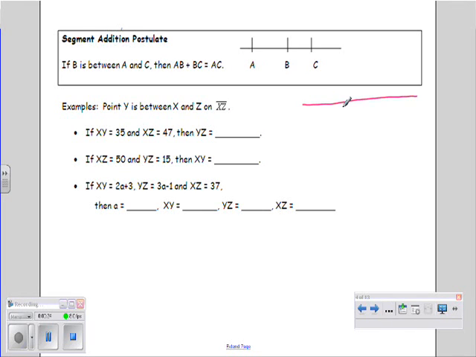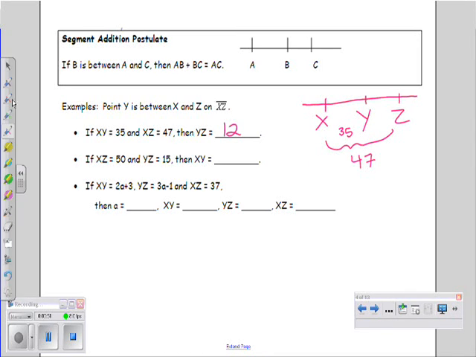I've got this line segment, and I've got X, and I've got Z, and then I've got Y, which is in between them. It tells me XY is 35, and XZ, this whole thing, is 47, then YZ must be, let me see, what's 47 minus 35? I'm pretty sure it's 12. So YZ equals 12.